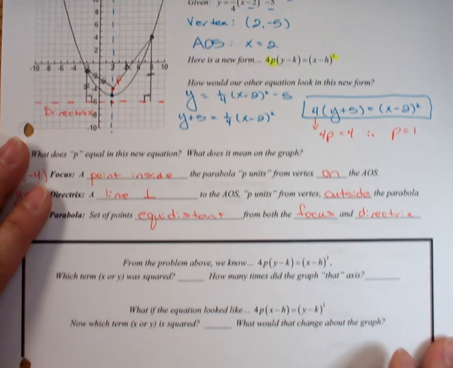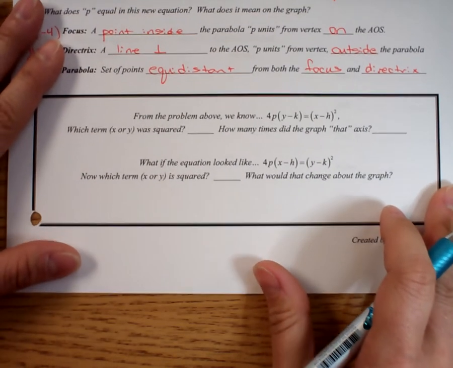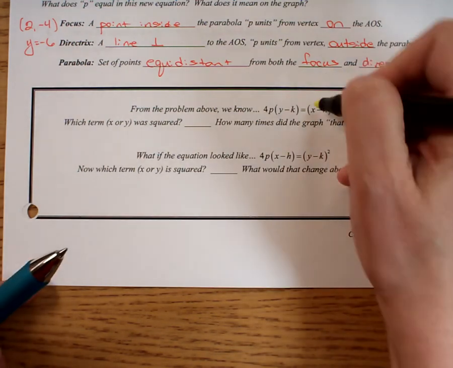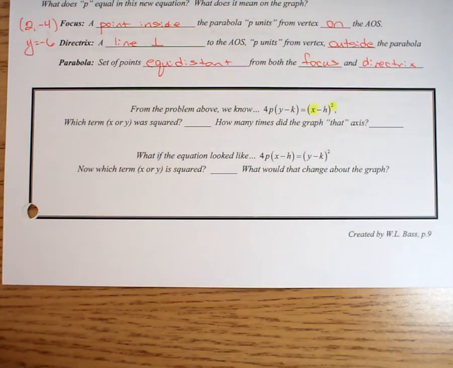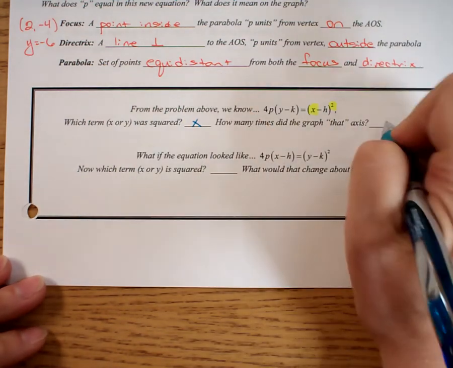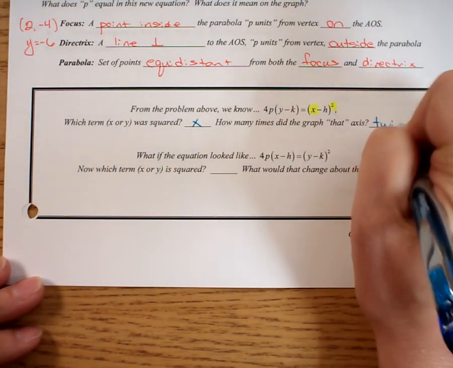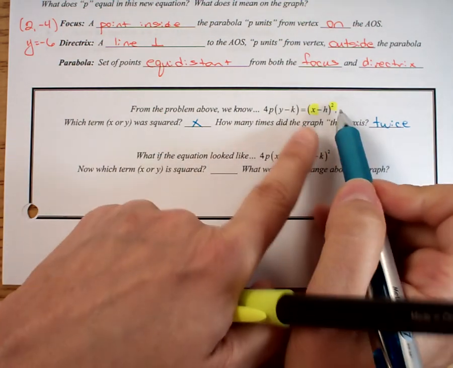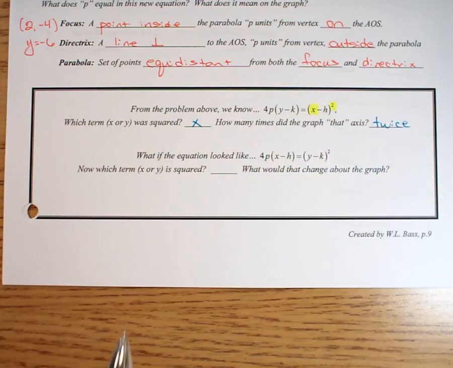All right. Just in summary, the big things that we want to make sure that you understand is that when we look at our equation from up above, we notice that it was the x value that was squared. And from our graph up above, we can see that it actually crosses the x-axis twice. Okay, that's good. And I touched on this in our previous notes.